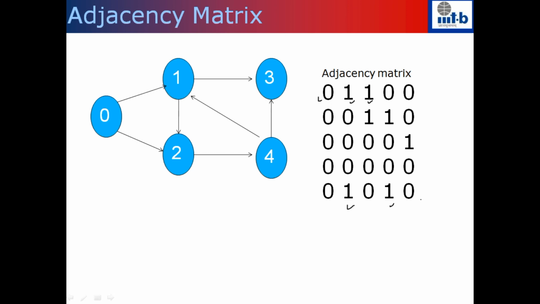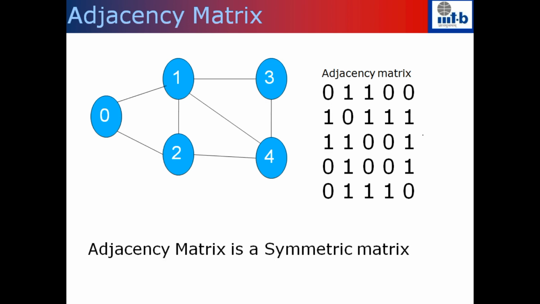Before we go to the undirected graphs, since we are talking about simple graphs, a vertex is not related to itself, so the diagonal entries in this matrix will all be 0. The same representation holds for the undirected graph, but for every edge there will be two entries in the matrix. When you say 0 is connected to 1, 0 comma 1 is 1 and 1 comma 0 is also 1.